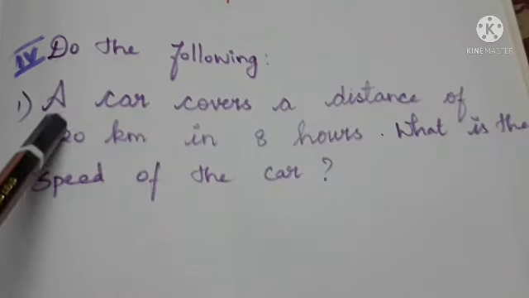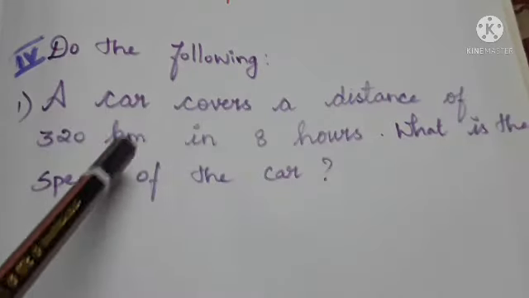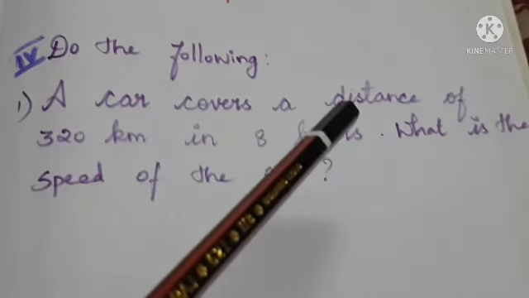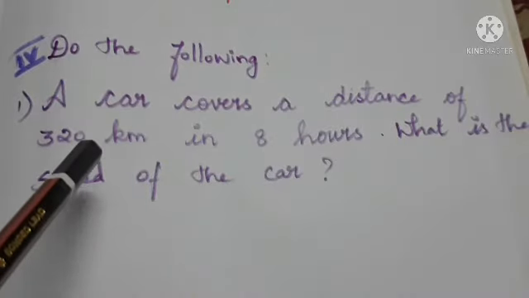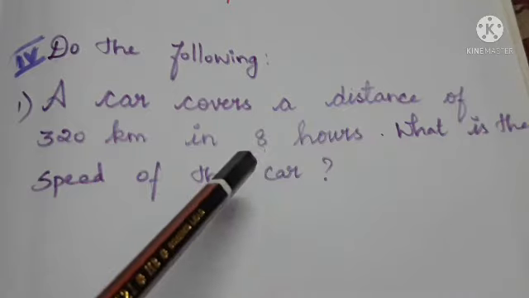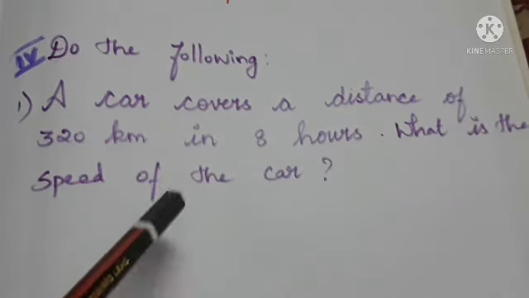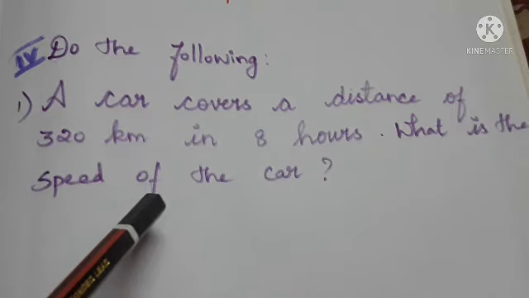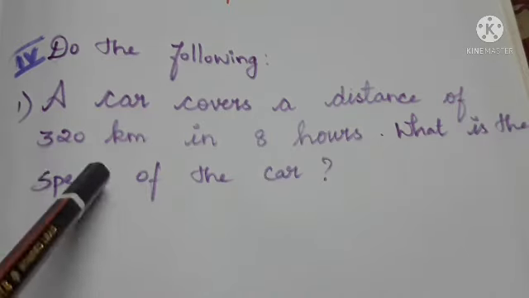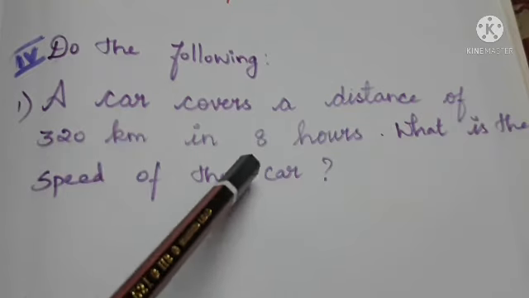Once again, a car covers a distance of 320 kilometers, traveling from one place to the next, within 8 hours. We want to find out what the speed of the car is: how many kilometers in 8 hours? Yes, 320 kilometers in 8 hours.